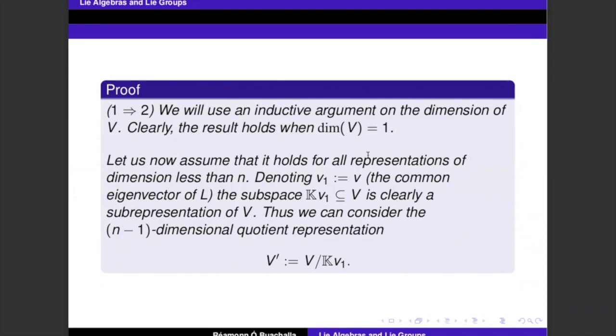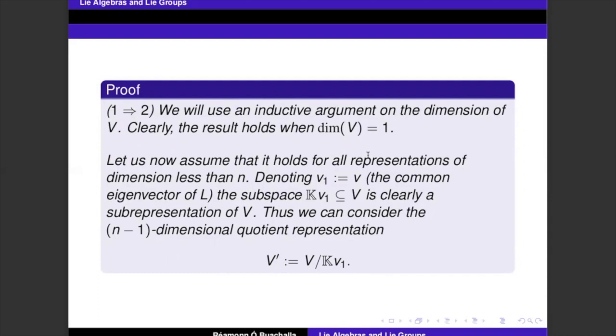So let V be the common eigenvector of L. Remember this exists because we know part 1 holds. This is how we're using 1 to prove 2.